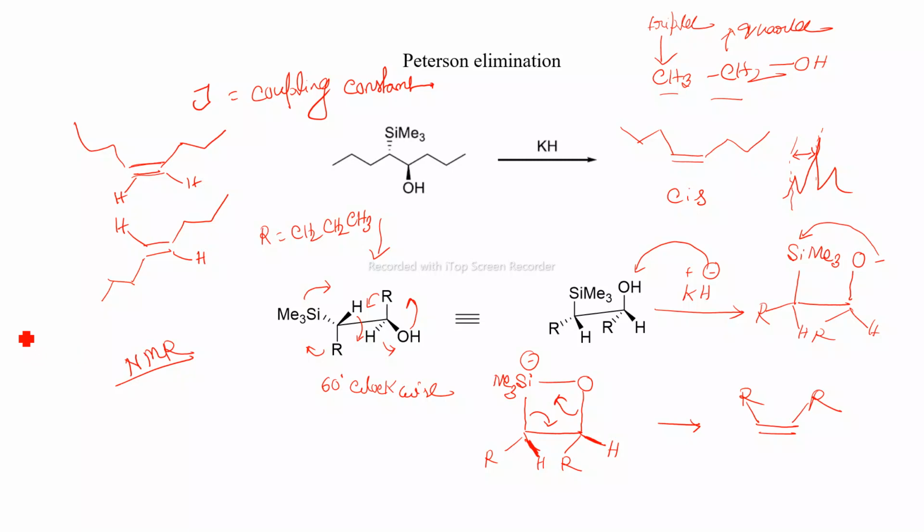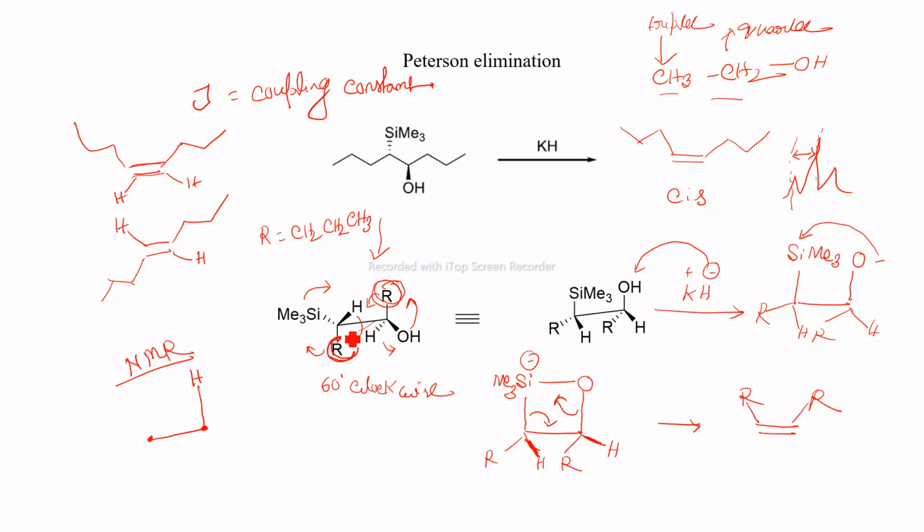There is one scientist, Karplus, who gave one correlation based on the dihedral angle. Dihedral angle is basically, suppose, like we have shown now, this is the dihedral angle. Suppose this is our fixed angle. What is the dihedral angle between R and R here? What is the angle between these two?